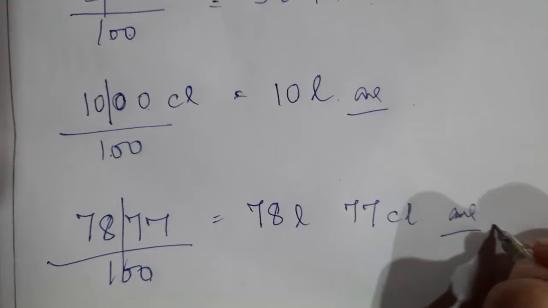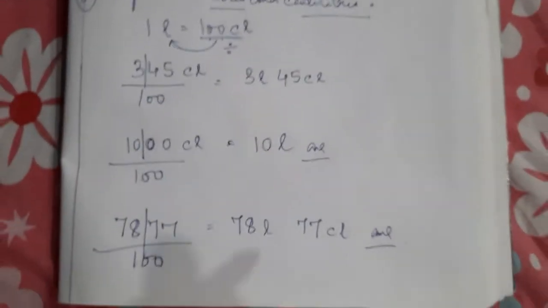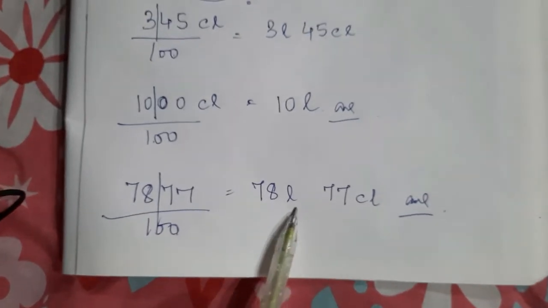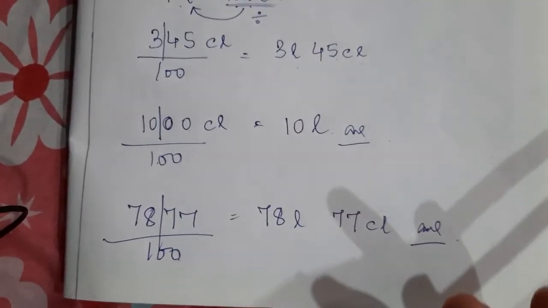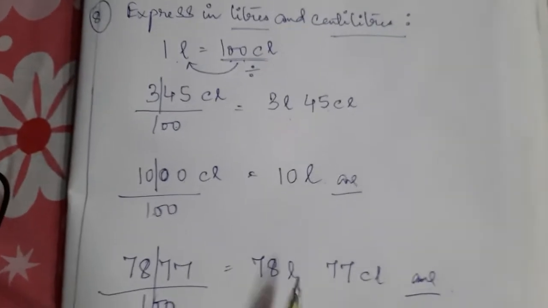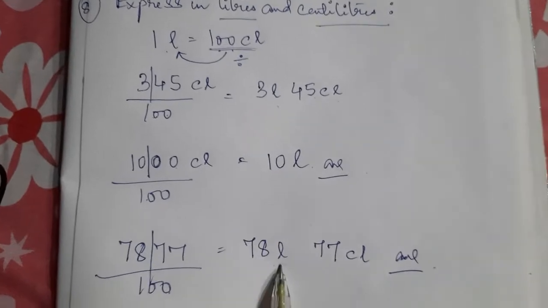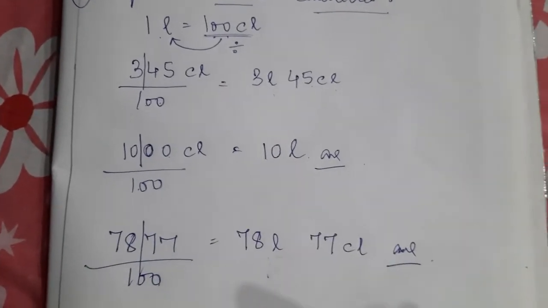Our answer. Now remember students, in the exam you have to make sure that you are writing the units. If you don't write the units, your answer will automatically become wrong. Here our focus is on the unit: liters, centiliters, kilometers, meters, centimeters, right?